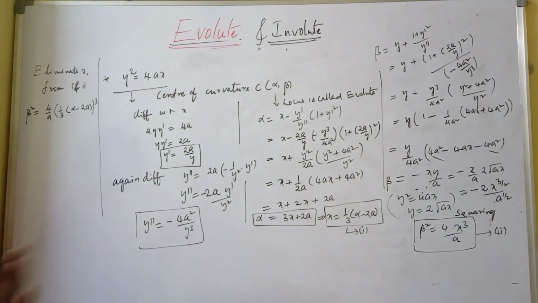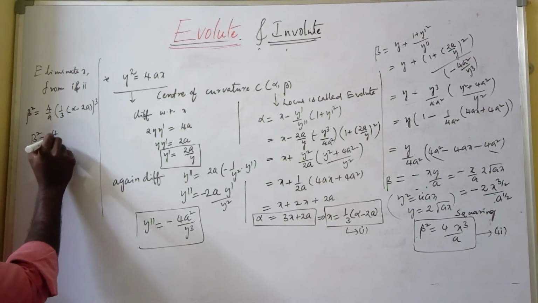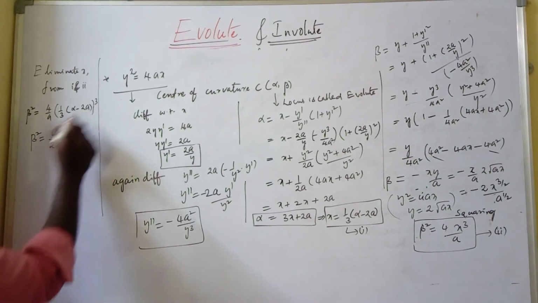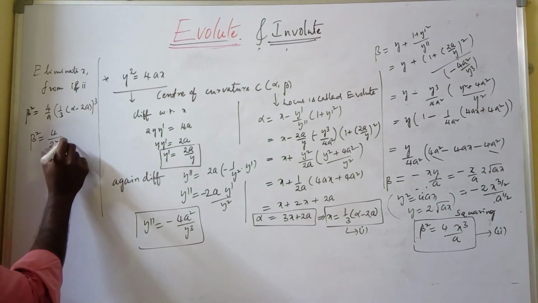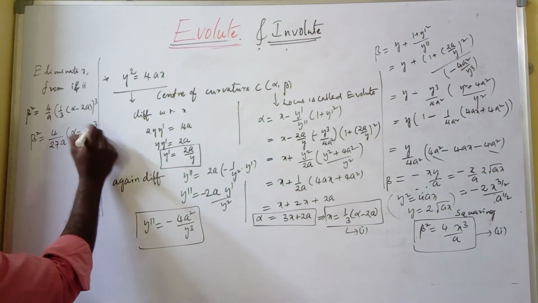So simplify that. After simplification, you get beta square equal to 4 by 3 power 3, which is 27, into a, next alpha minus 2a whole power 3.